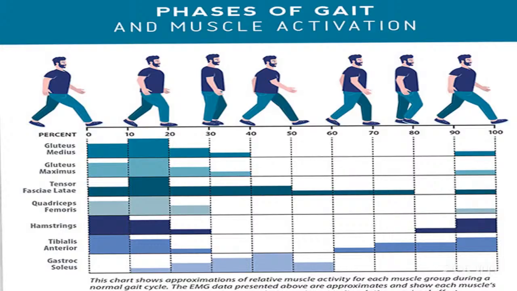You could see also the gluteus maximus from the beginning till 40% of the gait cycle. Tensor fasciae latae is active up to 80% of the gait cycle, and it's just 10% of the gait cycle where you are not seeing tensor fasciae latae. So if we are managing gait, facilitating gait just serves as an anchor point. Yes.